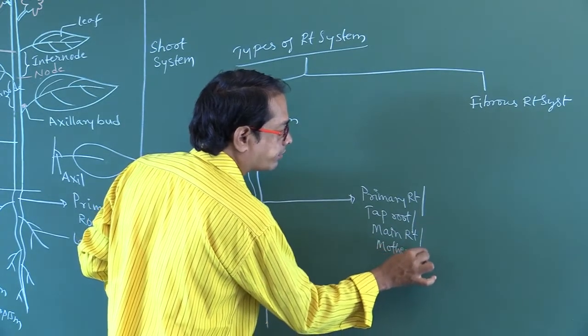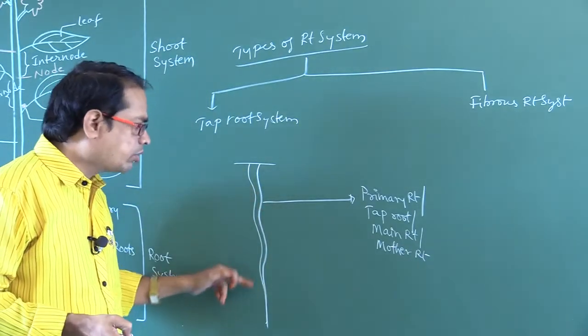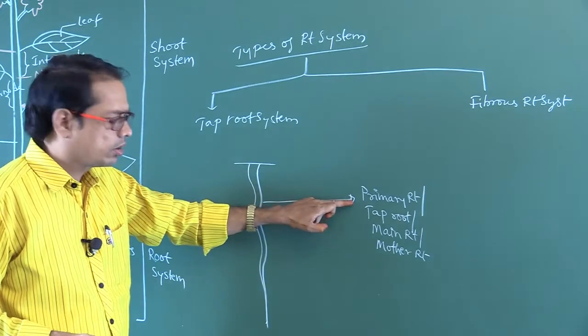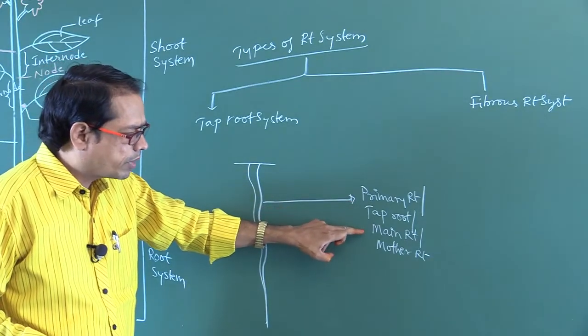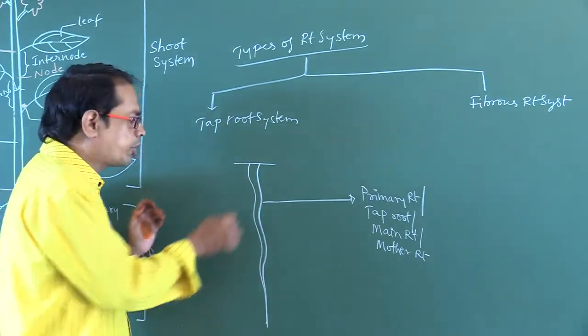Four names are there. So the radicle of the embryo develops into primary root, tap root, main root, or mother root.